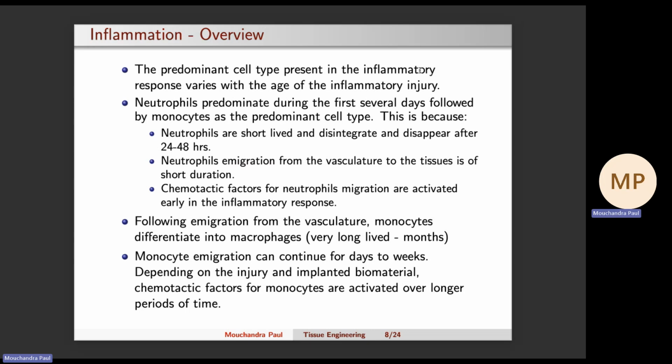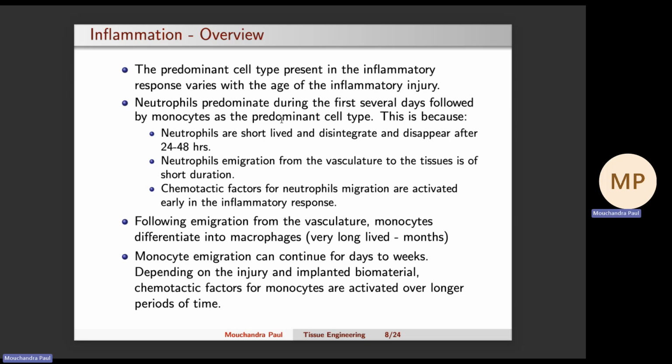I will show you a graph where peaks can be observed for different cell types at different time points. Neutrophils at the beginning are the cells present in abundance, at the time when the injury happened, so they are the predominant cell type in that case.